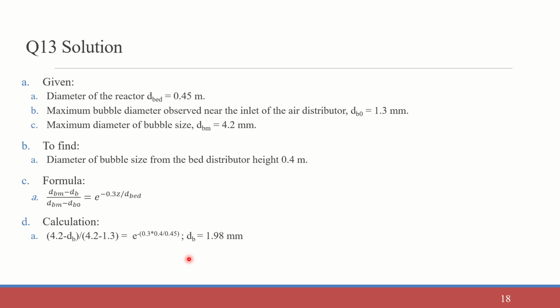But the takeaway is that we are asked to calculate the diameter of the bubble at some specific height, let us say the height as Z. dBm is given as the maximum bubble size inside the fluidized bed, which is 4.2 mm, and dB is the diameter of the bubble at a specific height Z. dB naught is the bubble diameter near the inlet of the distributor, which is 1.3. dB is unknown, and Z is the height at which we are asked to find the bubble size, that is 0.4 height from the bottom gas distributor, and D bed is the diameter of the bed.